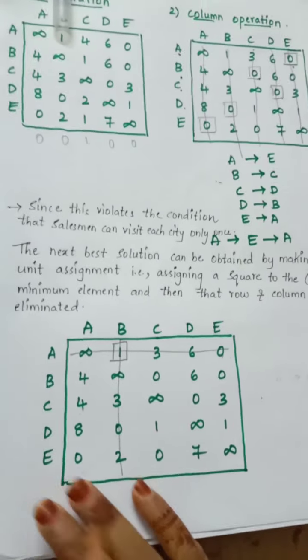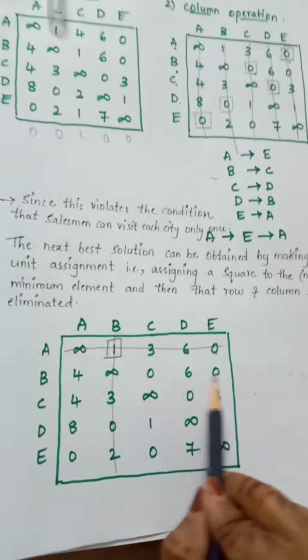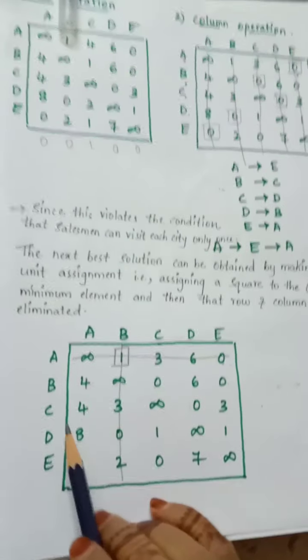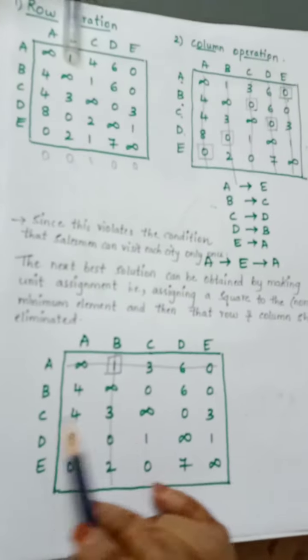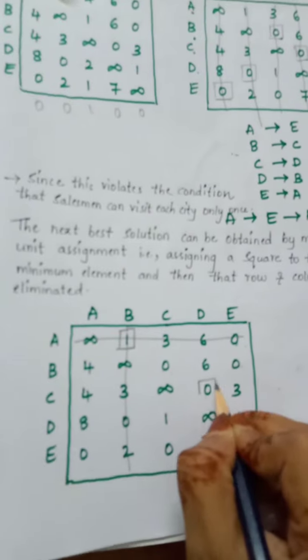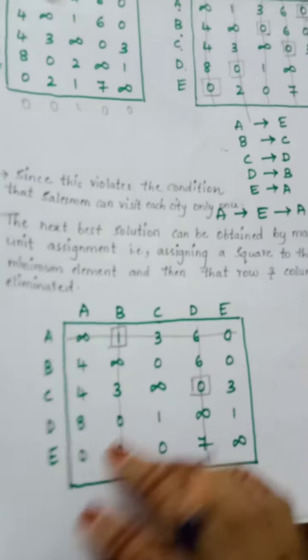Clear? Next, coming to the second row, there are 2 zeros and there is no non-zero element, so leave it. Next, in row C, there is only 1 zero. Assign a square and draw a vertical line crossing that zero.